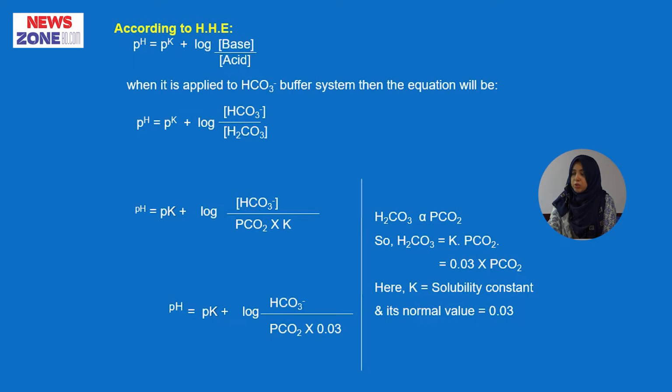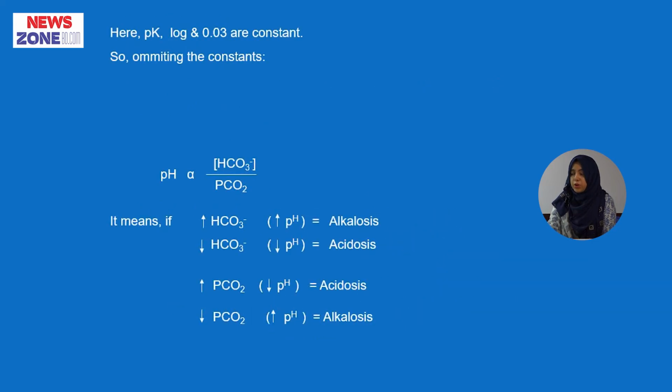When bicarbonate ion decreases, it decreases the pH and causes acidosis. Partial pressure of carbon dioxide represents the carbonic acid. So, when partial pressure of carbon dioxide increases, it decreases the pH and causes acidosis, and when partial pressure of carbon dioxide decreases, it increases the pH and causes alkalosis.